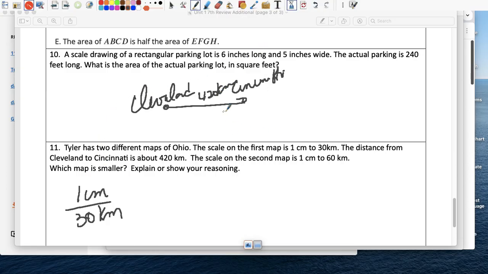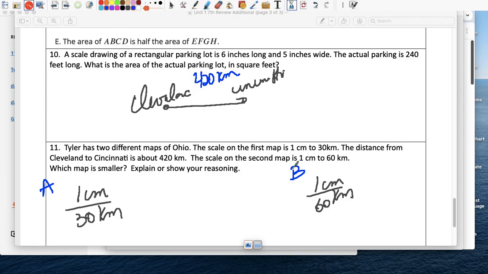The scale on the second map is 1 centimeter is 60 kilometers. If we're trying to create a map in our notebook, and the distance is 420 kilometers, which map will be smaller, A or B?